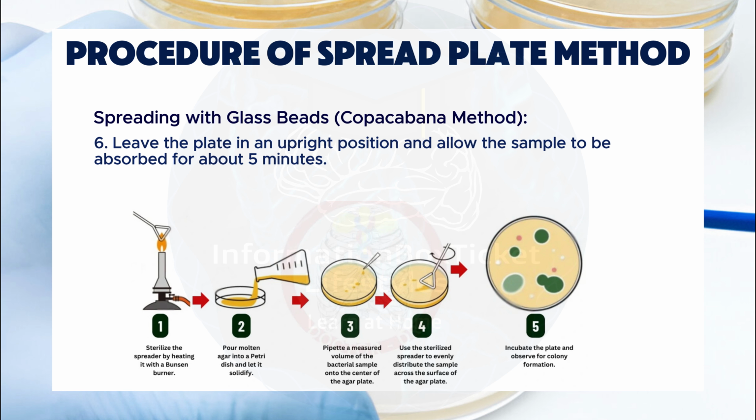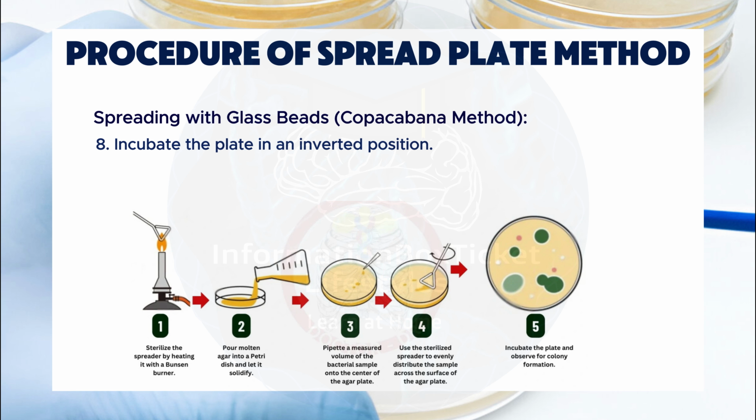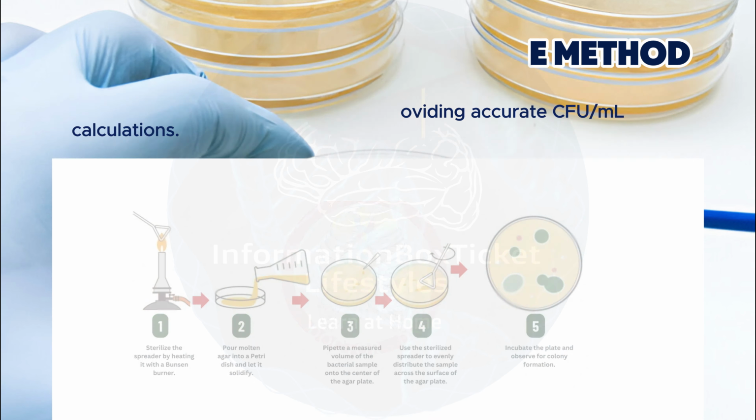Leave the plate in an upright position and allow the sample to be absorbed for about 5 minutes. 7. Discard the beads in a container with disinfectant, 10% chlorine bleach, ethanol, etc. 8. Incubate the plate in an inverted position. By following these steps, the spread plate method effectively isolates and counts viable microorganisms, providing accurate CFU/ml calculations.